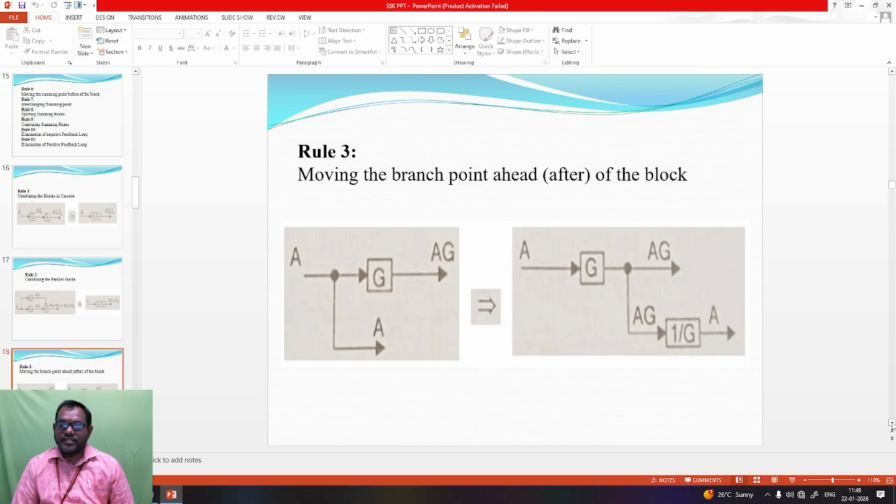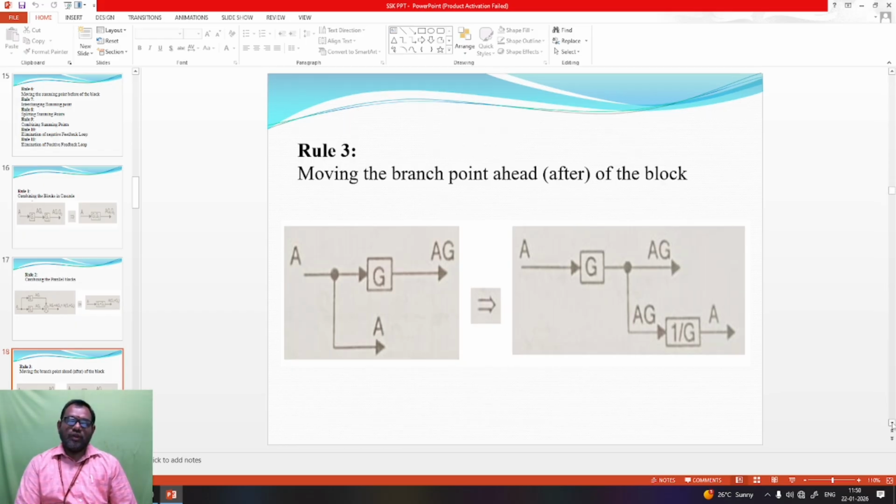For that we use the formula: A into G, and A into G divided by G, that is, multiplied by 1 divided by G, is equal to A. So we get the same output, which represents the LHS equal to RHS process, where LHS means the left hand side process is equal to the right hand side process. So this is moving the branching point after the block. Clear?